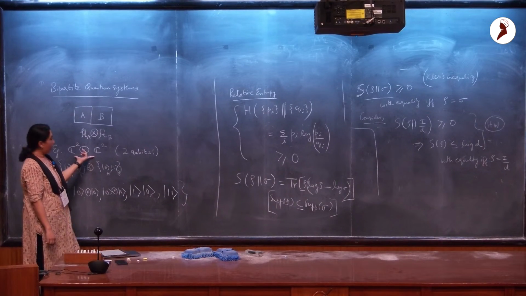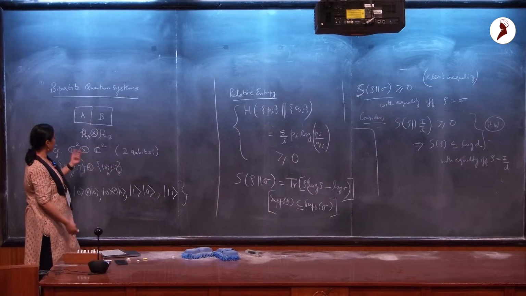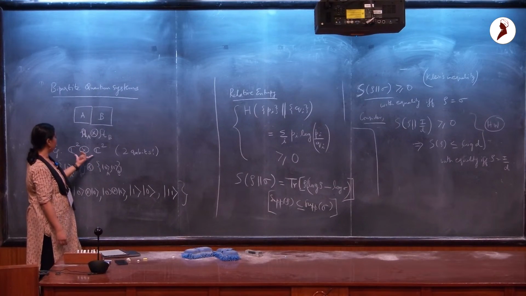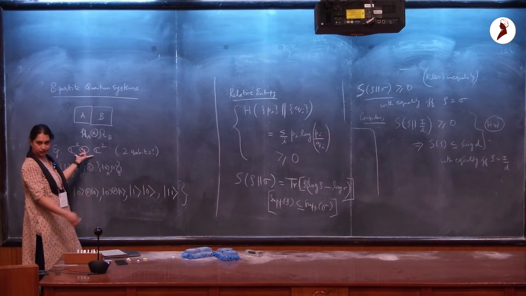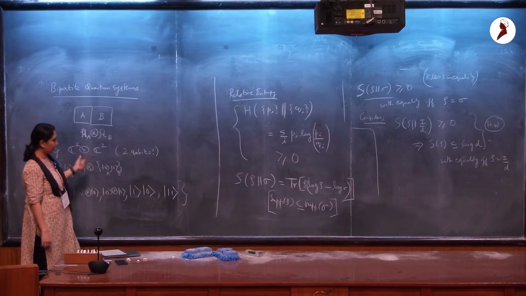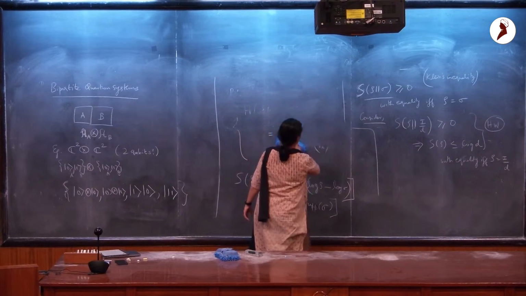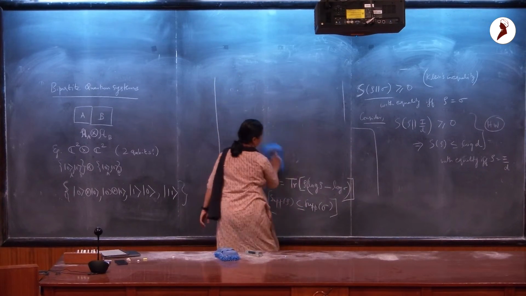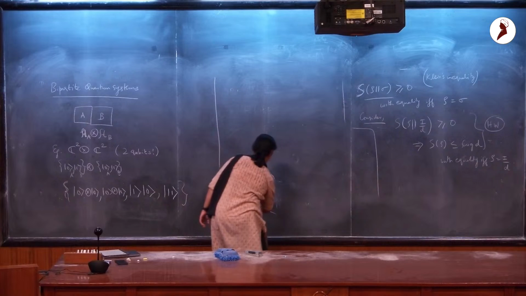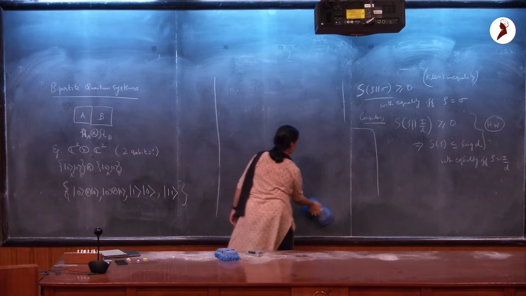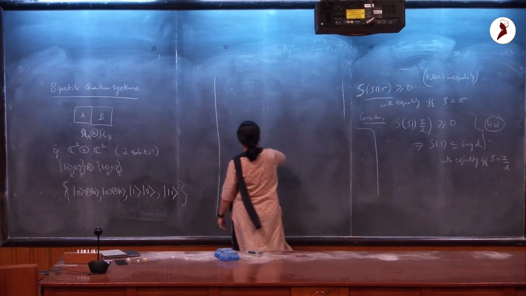Now, you can ask, what kind of states can I write down for this bipartite system, for this joint system? The most general state could of course be a superposition of all 4 basis states.